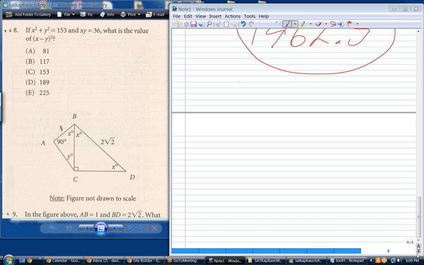This problem number 8 requires you to know something that I try to get people to memorize. And that is, tell me what this is, first of all, without foiling it.